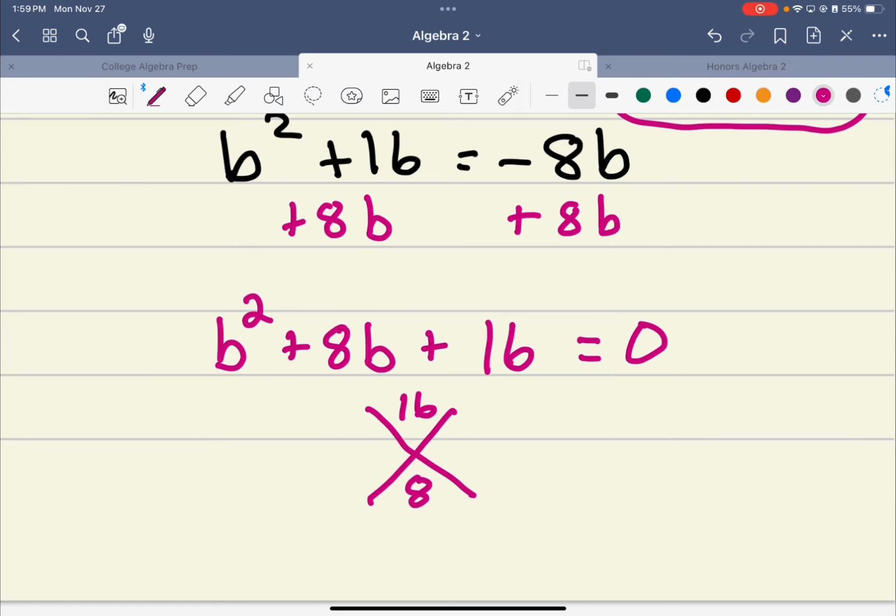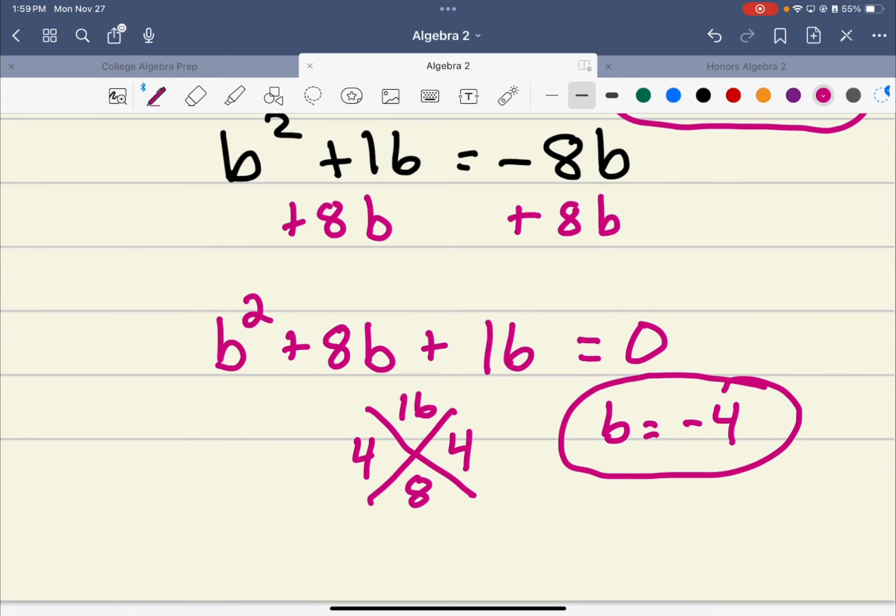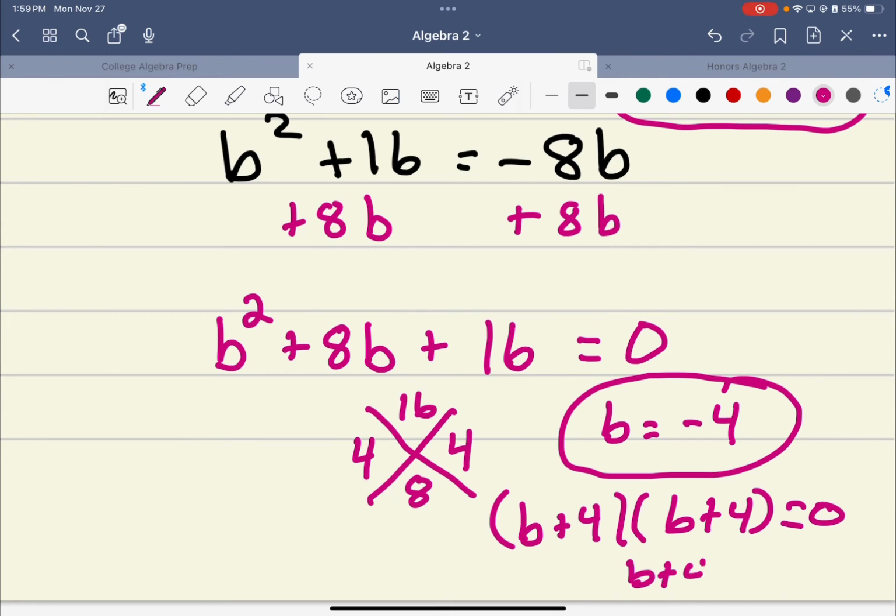Numbers are 4 and 4. So my solution is -4. Again, this would be b plus 4 times b plus 4 equals 0, or b plus 4 squared. The answer is just -4.